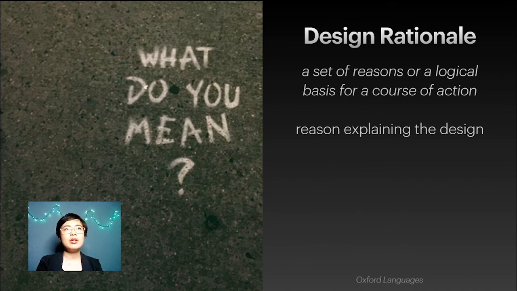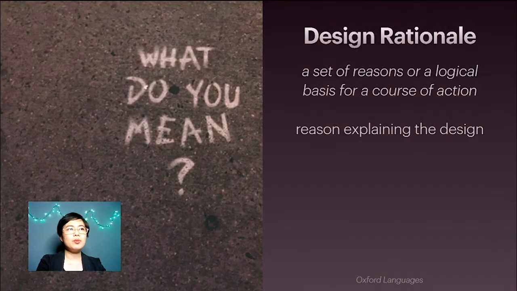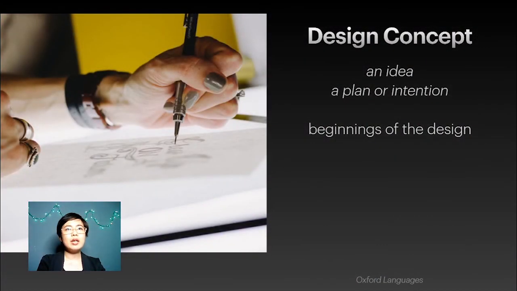Pwede mong maging concept. Pwede kang pumili ng concept within nature or within the culture or let's say a fruit or a plant or a form of nature na gusto mong i-interpret through architectural design. So, that would mean a design concept.